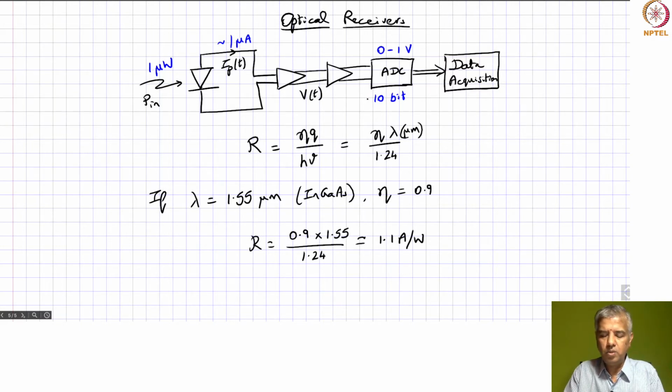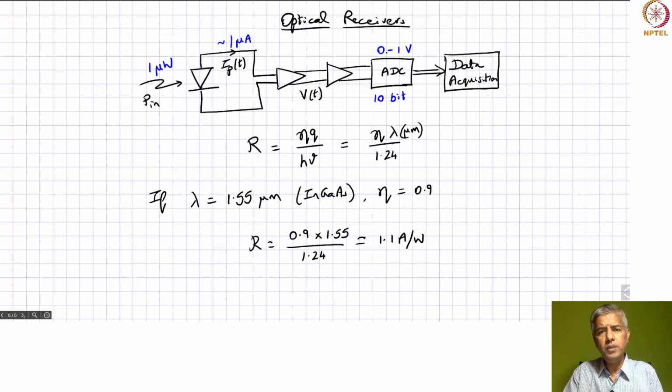That means you need to boost up the signal, which is say 1 microamp, the maximum photocurrent generated, and convert that to 1 volt.